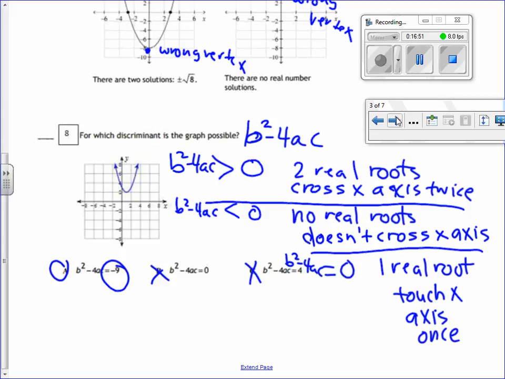Which means, therefore, that whatever the discriminant was, it had to be less than 0, which means it was negative. When I say the discriminant, I'm speaking of the B squared minus 4AC. So I had to come back and look at my 3 choices. This was equal to 4, which was a positive number. That's not it. This was equal to 0. This is equal to negative 9, which is a negative number, which is less than 0. So this is the case I need. Yes.